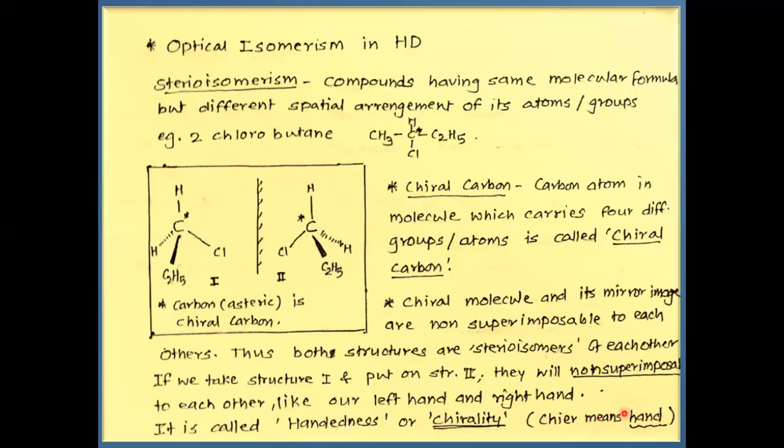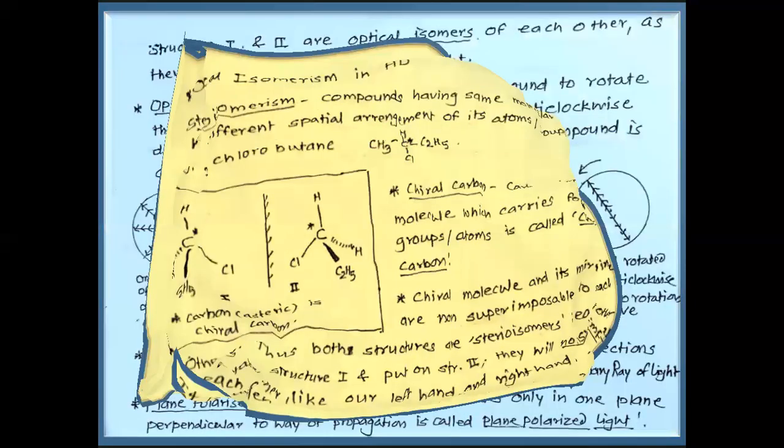The meaning of chir is hand, in Greek. So molecules containing a chiral, asymmetric carbon show optical activity. Optical isomerism means they must have stereoisomers. Their molecular formula is the same, but their spatial arrangement is different.